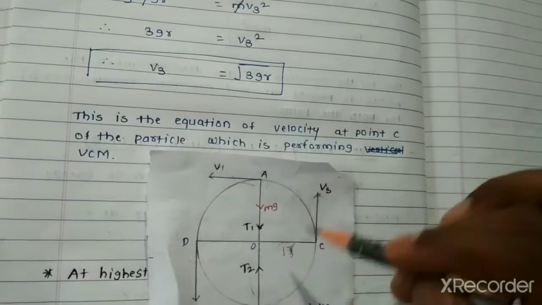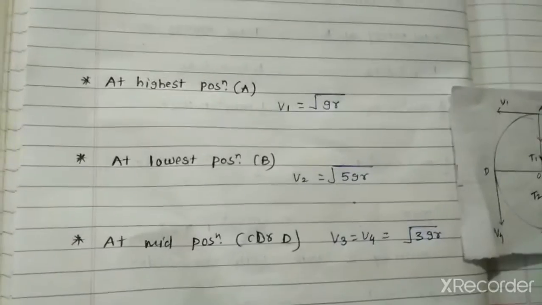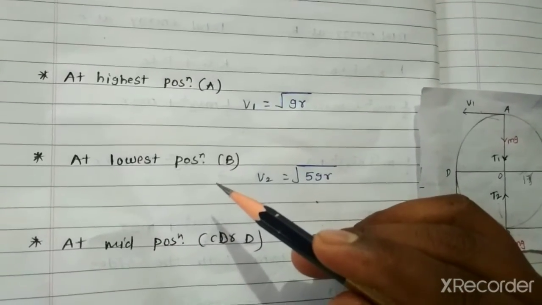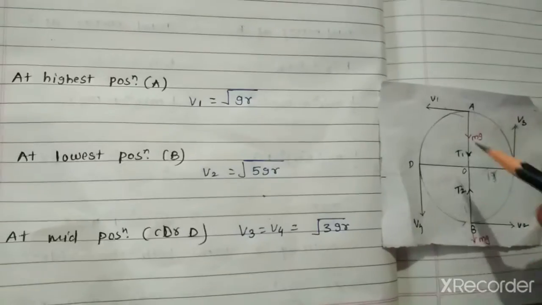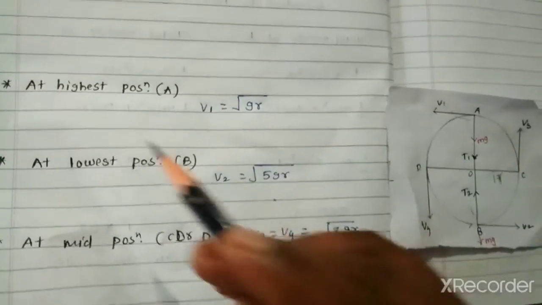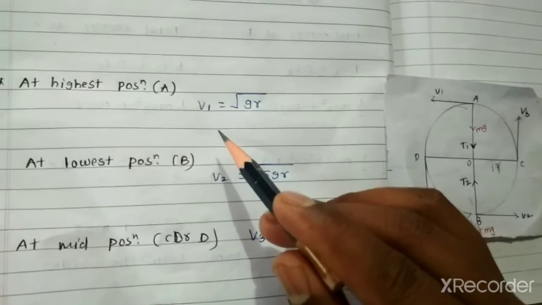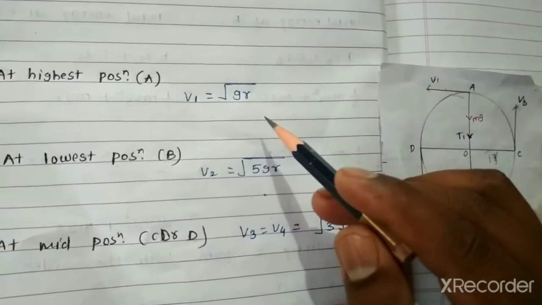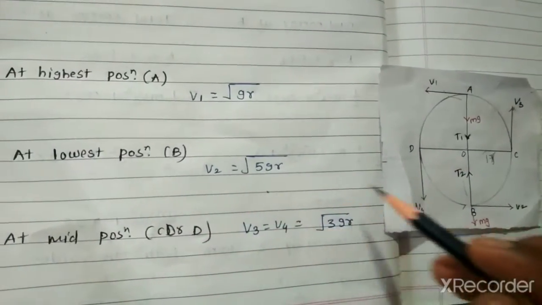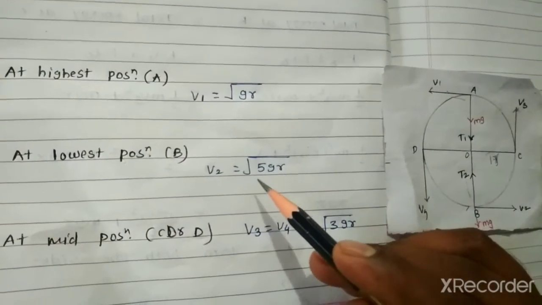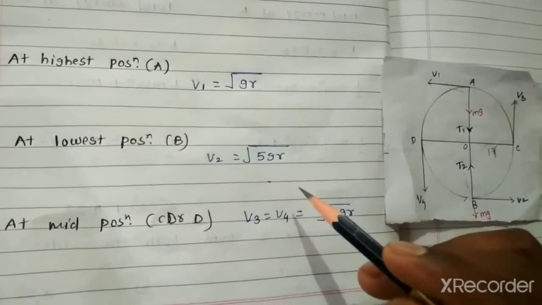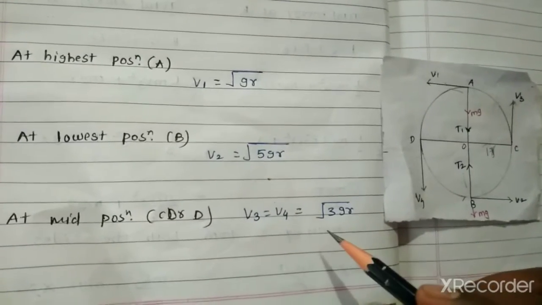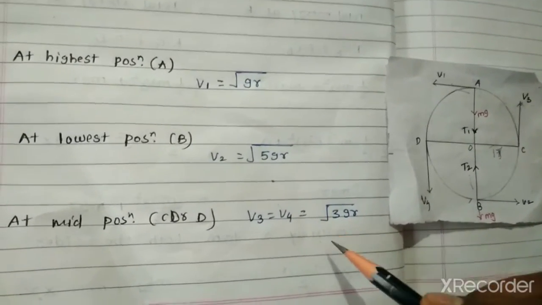So these all are the values of the minimum velocity of the particle which is performing vertical circular motion at different positions. At the highest position, the minimum velocity of the particle is v1 equal to under root gr, and at the lowest position, that is B, the minimum velocity v2 is equal to under root 5gr, and at mid position C or D, v3 is equal to v4 is equal to under root 3gr.